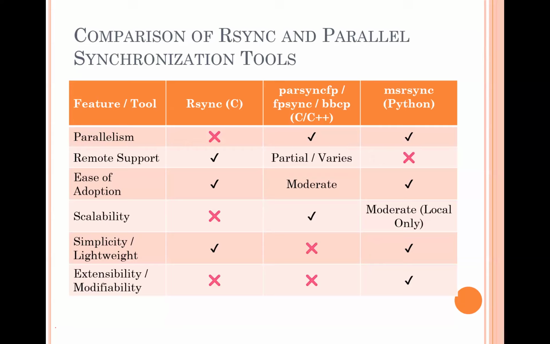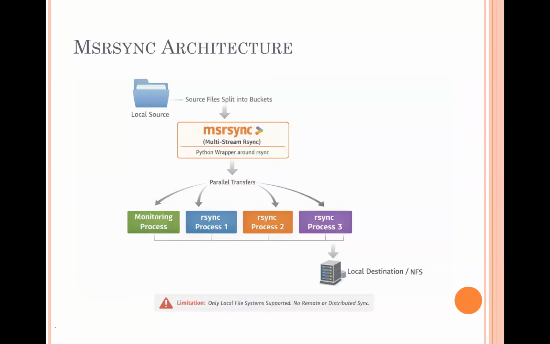We chose MSRSync as our base tool because it combines parallel execution with rsync compatibility. It is a lightweight, Python-based, modular, and easy to adopt tool. This makes it an ideal foundation for building a tool that is both efficient and easily extensible.